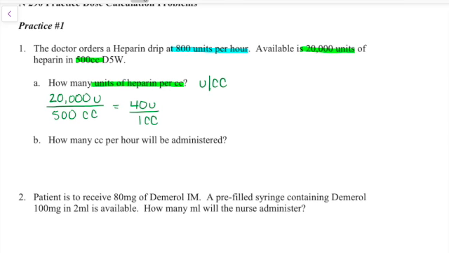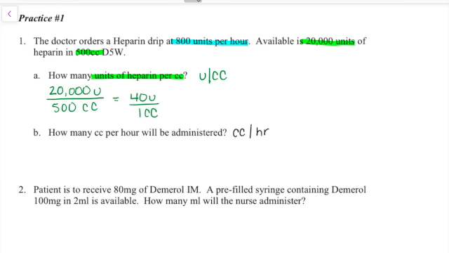Now part B of the question is asking how many cc's per hour will be administered. So we want our answer to be in cc's per hour. So the order is 800 units per 1 hour, 1 cc per 40 units, and I'm going to write it like that so that we can cross cancel out the units.